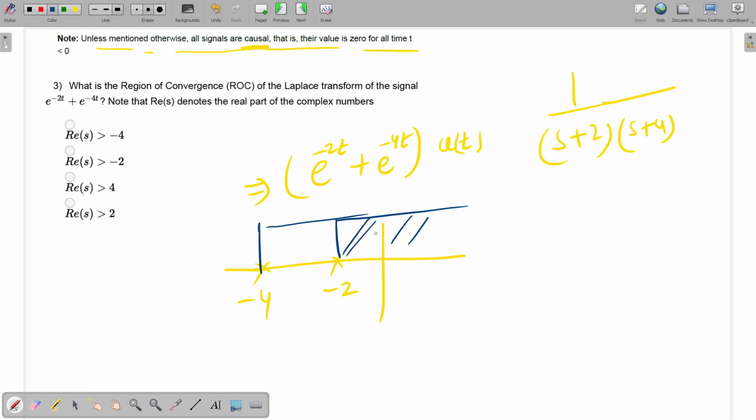The common ROC is this one, so sigma should be greater than minus 2. Is it clear? B will be the correct option. Clear to all? Should I proceed to the next question?